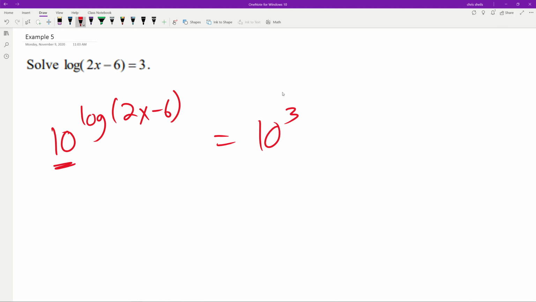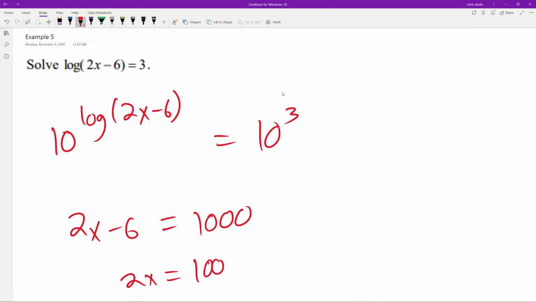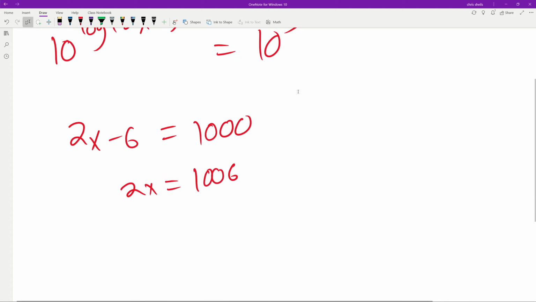Because my exponential base and my logarithmic base, which implicitly is 10 in the common logarithm, are the same, the left-hand side becomes 2x minus 6. The right-hand side is 10 to the third power, which is 1,000. And x is really easy to solve for here. If we add 6 to both sides, I get 1006 on the right-hand side. Dividing both sides by 2 gives me that x is 503.